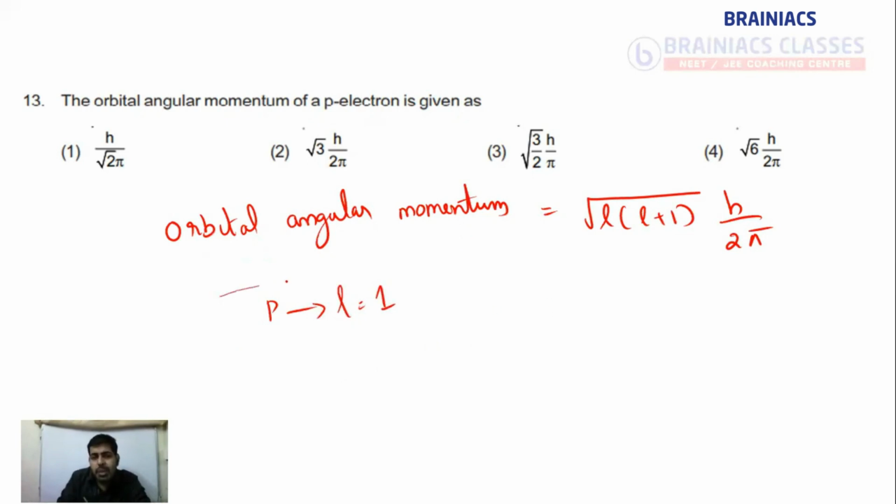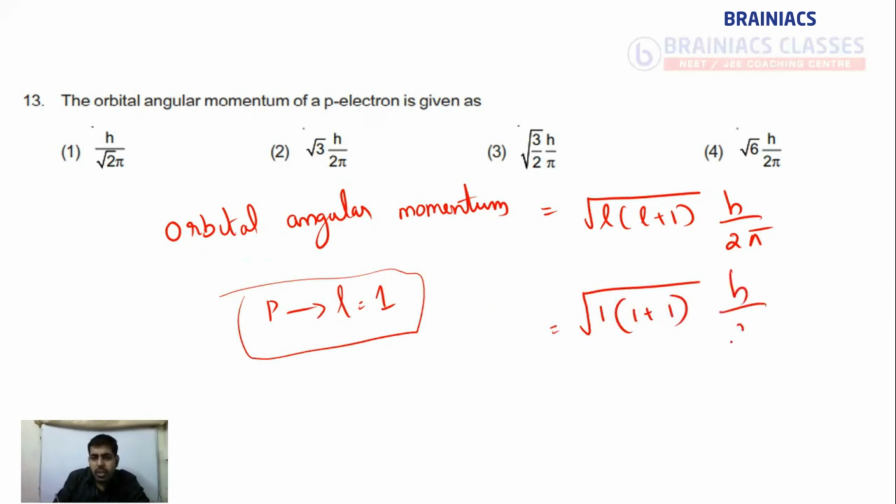So the orbital angular momentum is root of 1 into 1 plus 1, into h by 2 pi. That is root 2 h by 2 pi.